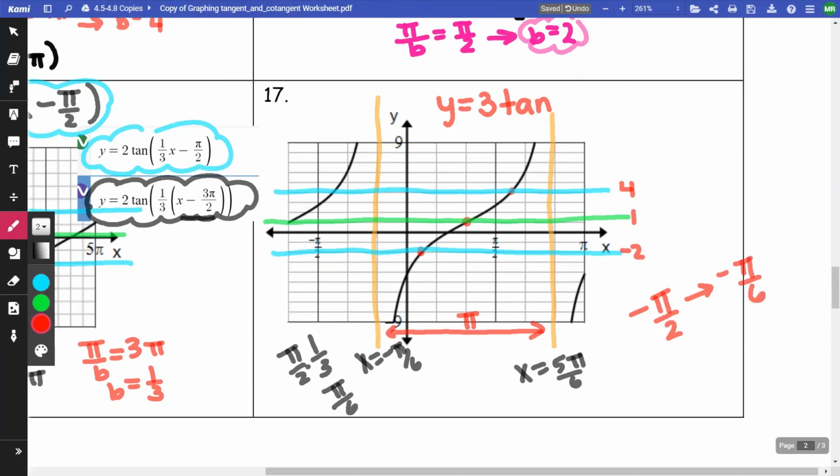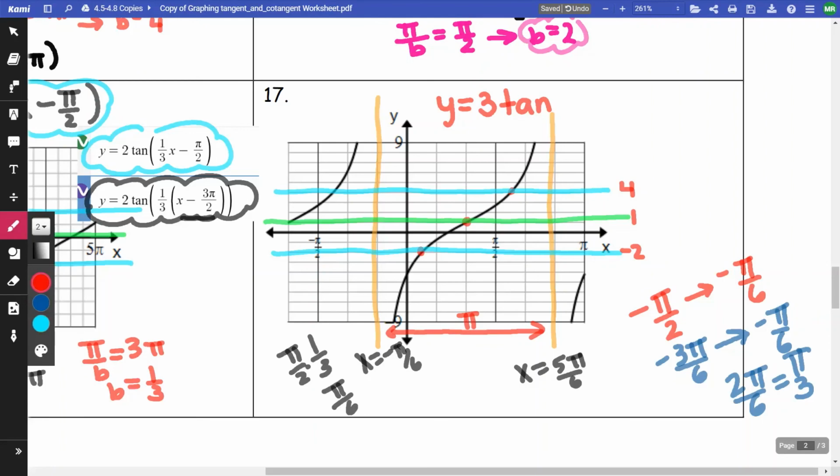So how far did I move it? Well, if I get a common denominator, this is going to end up being a negative 3 pi 6, and then I shifted it to a negative pi 6. So I went to the right 2 pi 6, which is the same as pi thirds. So I'm shifting it to the right pi thirds.